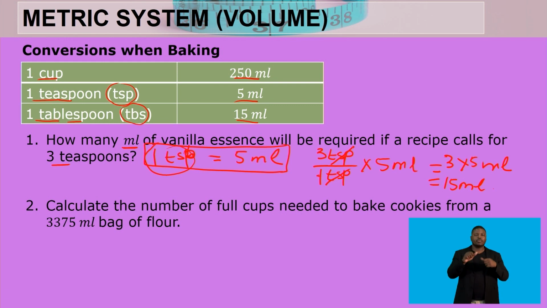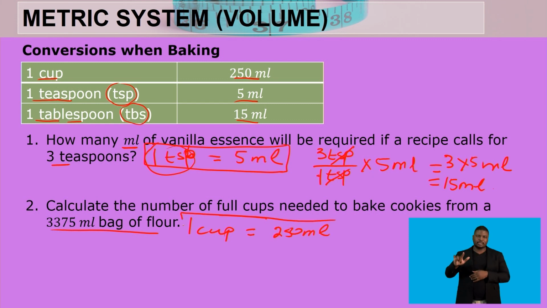All right. Then question 2 says, calculate the number of full cups needed to bake cookies from a 3,375 milliliter bag of flour. So full cups, we want to calculate cups. You write your conversion factor down. You say 1 cup is equal to 250 milliliters. This is your conversion factor. Then what do you do with this conversion factor?